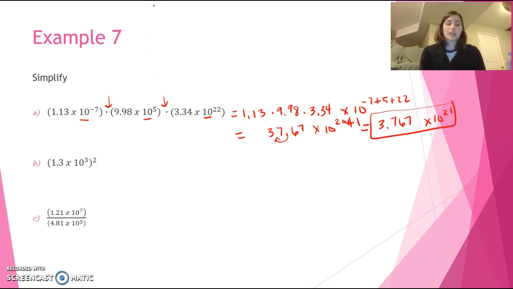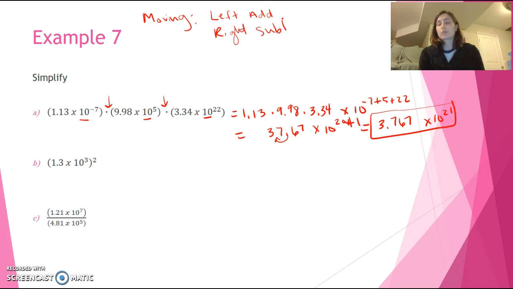So in that case, we moved left. So when moving, if we move left, we're going to add. So that would mean that if we move right, we would end up subtracting. Just logically, that's what that would tell me.